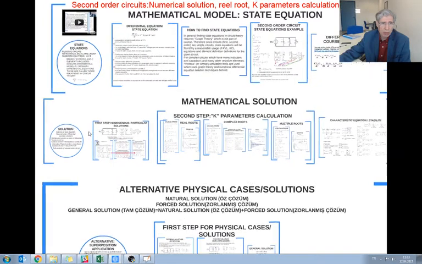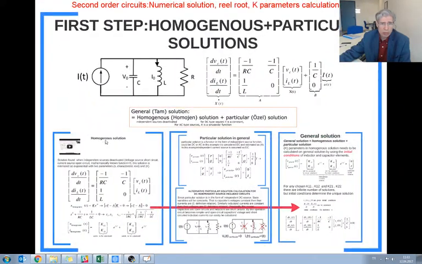Let me go into detail. Homogeneous solution and particular solution. The summation of those two gives you the general solution. So we have done this as a parametrical solution, so the numerical values are not included here. From now on, we are going to move to the numerical values.